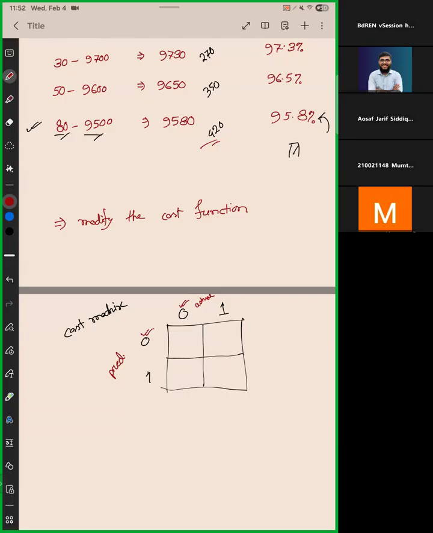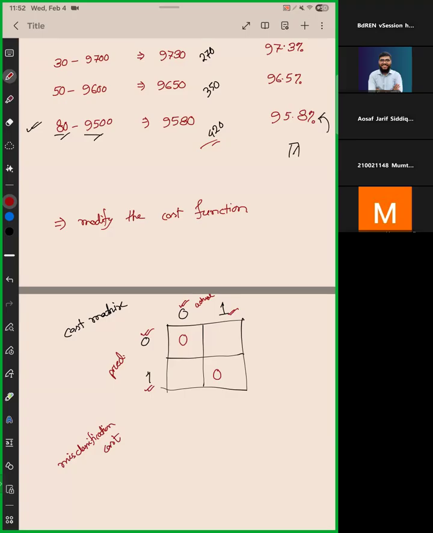Correct. So should there be any misclassification cost? No. If actual value is 1, predicted value is 1, misclassification cost? Zero, because correct prediction has no misclassification cost. So it is 0, this is also 0.